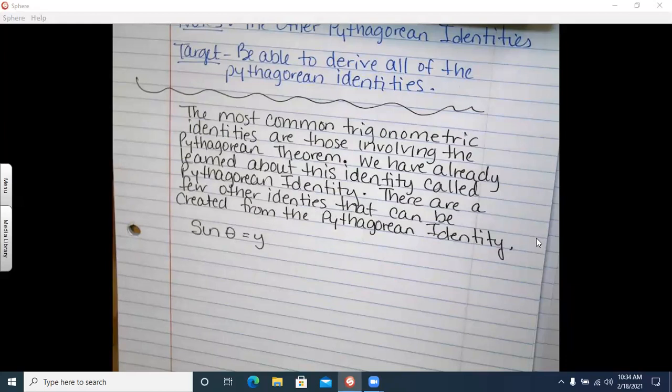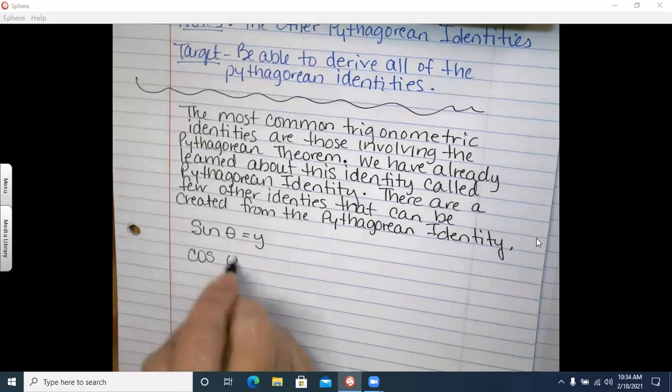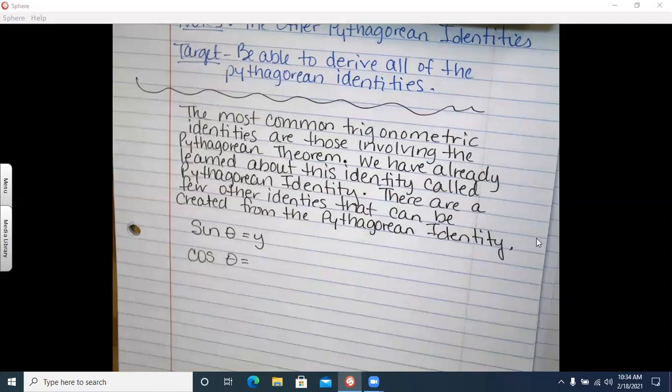We know that the cosine of theta is adjacent over hypotenuse. The adjacent leg is your value of x, right? Your hypotenuse is 1, so x divided by 1 is just x. If you're talking about any other triangle, your hypotenuse might not be 1, right? But in the unit circle, it's just x divided by 1, which we just say x.